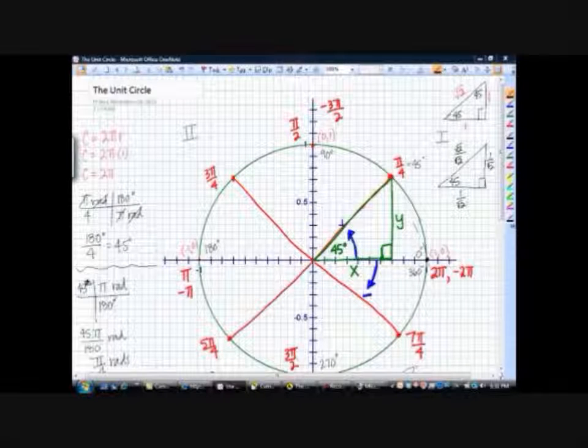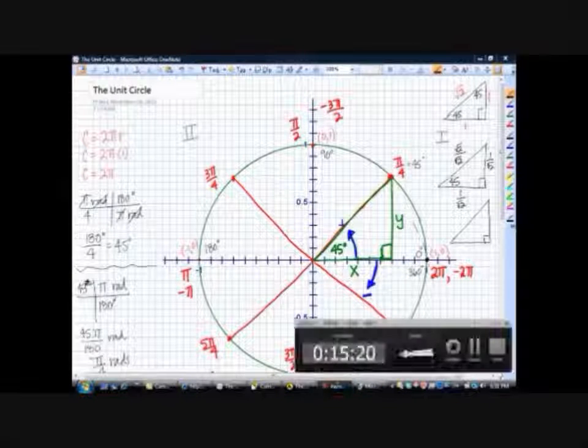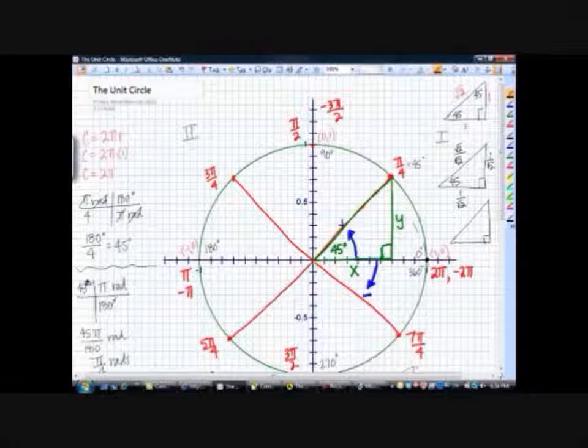And in doing that, our triangle side lengths change a little bit. So when we simplify this triangle, we get side lengths of hypotenuse is 1, and the two sides are root 2 over 2.